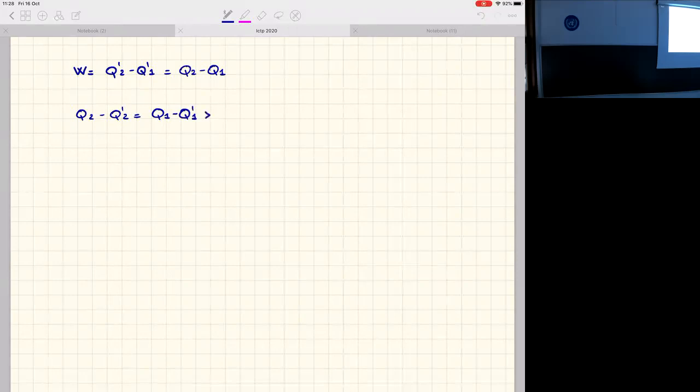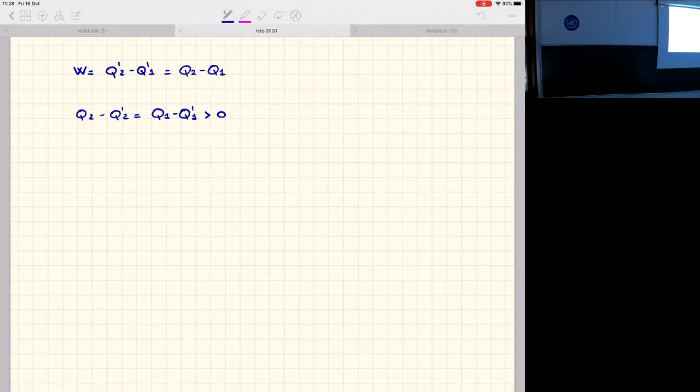Now that we know this, W, the work, is equal to Q prime 2 minus Q prime 1, and is equal to Q2 minus Q1. But therefore, Q2 minus Q prime 2 is equal to Q1 minus Q prime 1, and is greater than 0.